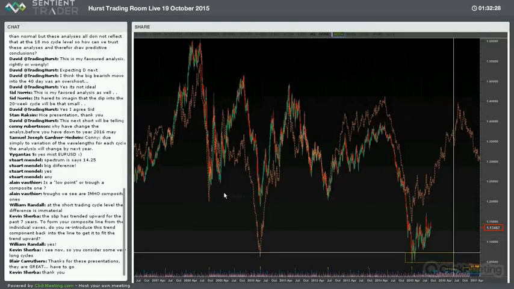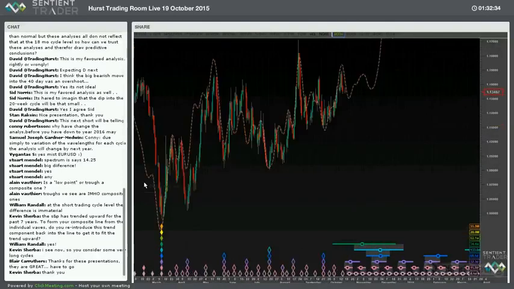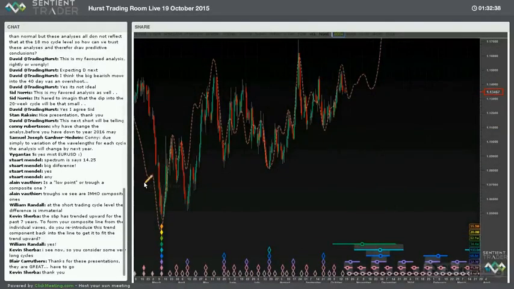Here we see not such a bearish move, although we do still have a bearish move ahead of us. You can see it's a much shorter lived bear move, where's my pen? There we go, a much shorter bear move there, then a bit of a bull, then another, and then here is going to be a long trading opportunity.